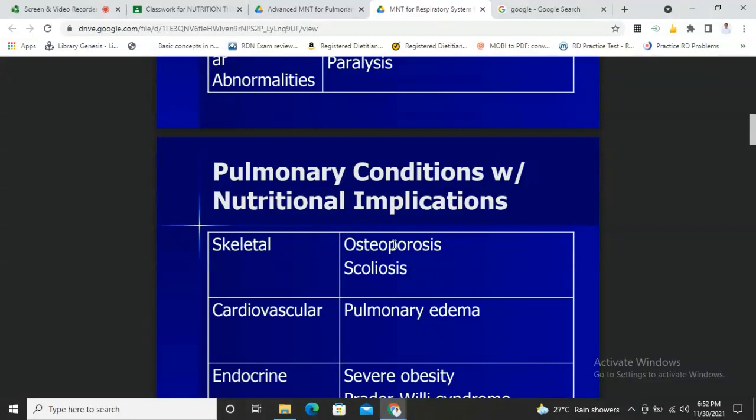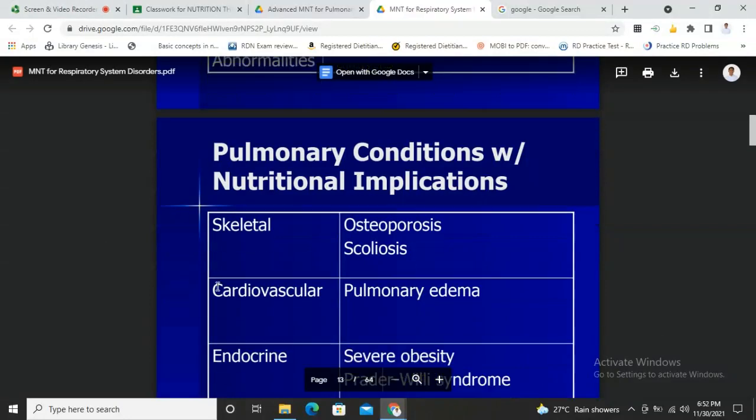Okay, and many of those who have scoliosis kay maapektuhan po ang alignment sa mga organs including the lungs. Okay, so scoliosis would also have an impact on the breathing function.